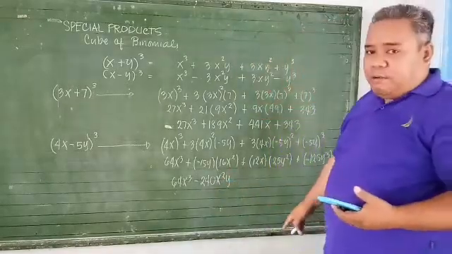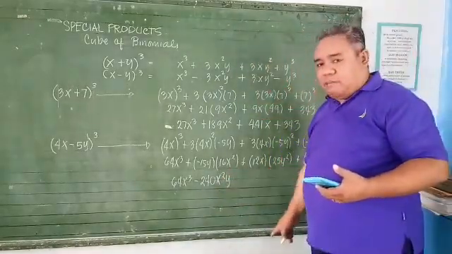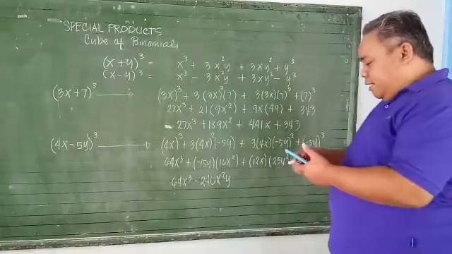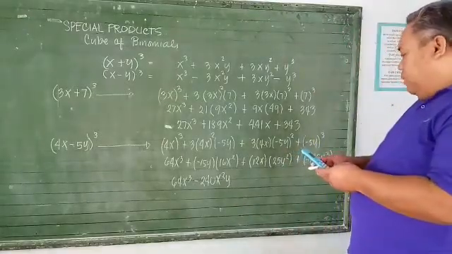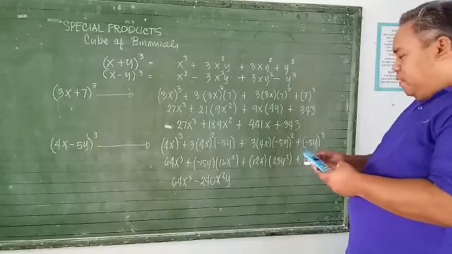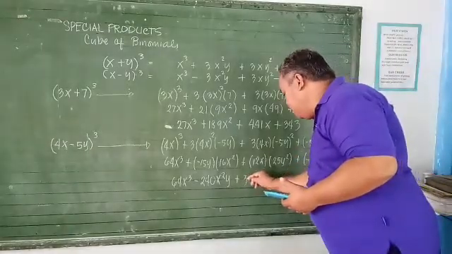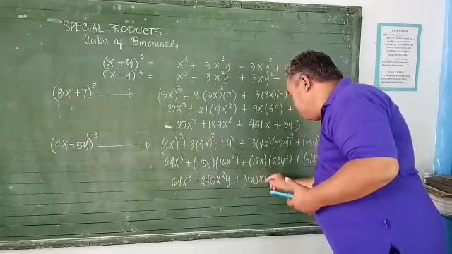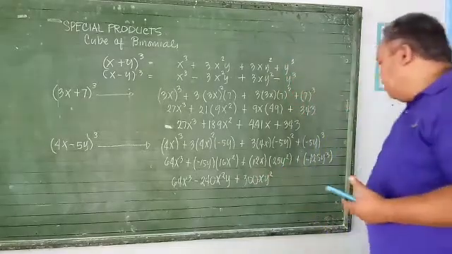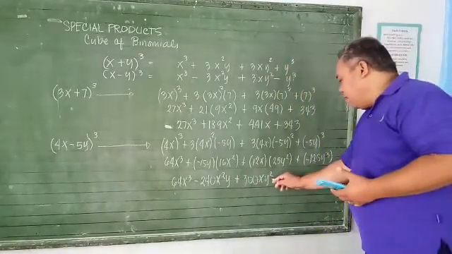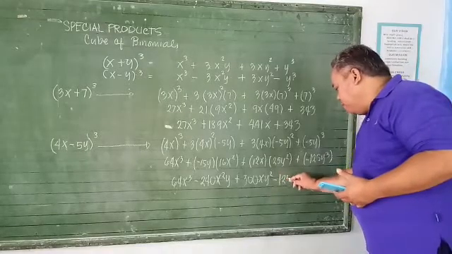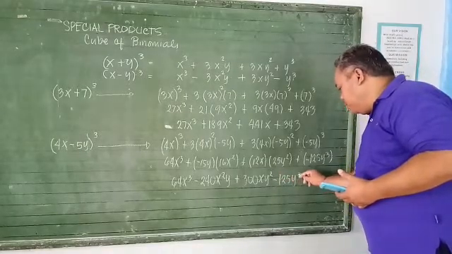Pati yung paglagay na variable, hindi pwedeng mawala yung y kasi alphabetical kailangan niya. And then 12 times 25 will give you plus 300xy squared. And then for the last term, this could be negative 125y cubed.